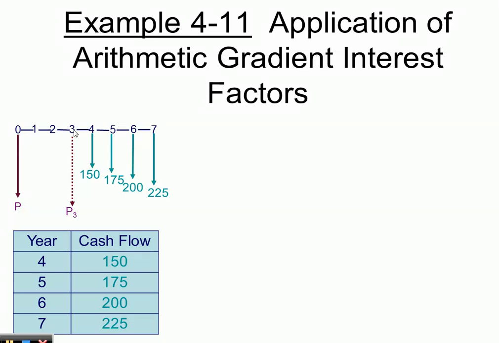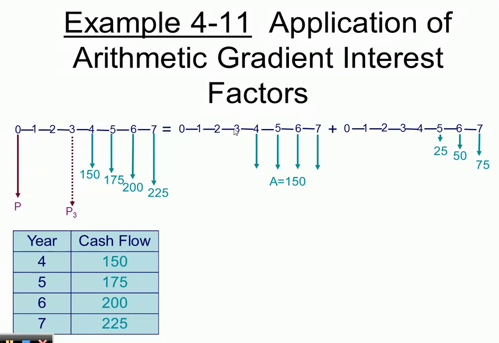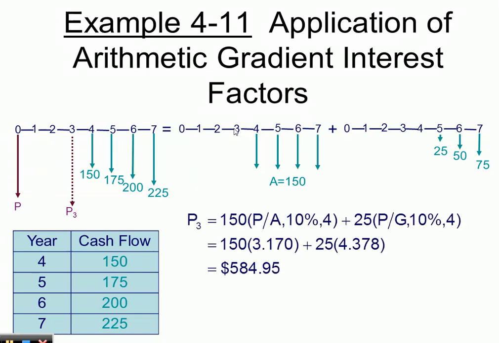Then the new 0 would be 3, the 7 would be the new 4, the 6 would be 3, the 5 would be 2, and the 4 would be 1. So we have 150 at years 4, 5, 6, and 7, and then the gradients 25, 50, 75.